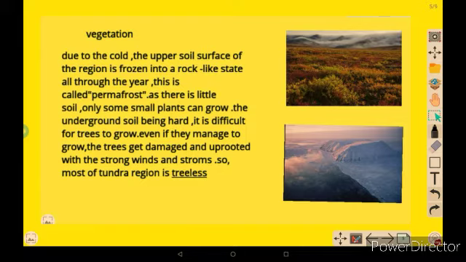And because of this, most of the tundra region is treeless. It does have some vegetation, but trees cannot grow there. So let's go to the next topic.